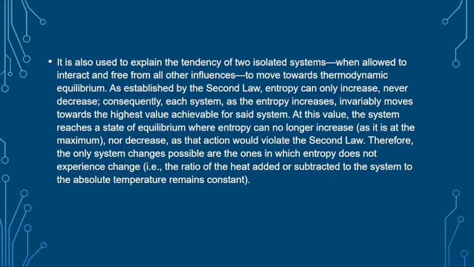At this value, the system reaches a state of equilibrium where entropy can no longer increase nor decrease, as the action would violate the second law. Therefore, the only system changes possible are the ones in which entropy does not experience change.